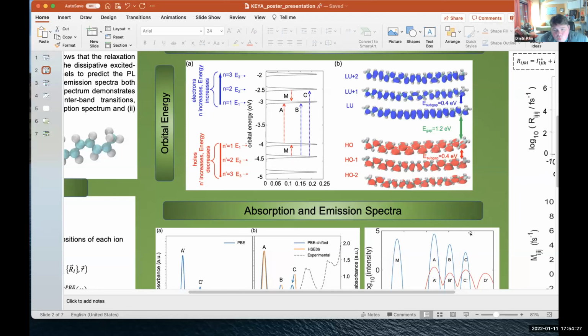Next question for me: why do electrons or holes transfer from one orbital to another? Like why does an electron jump from LUMO +1 to LUMO?